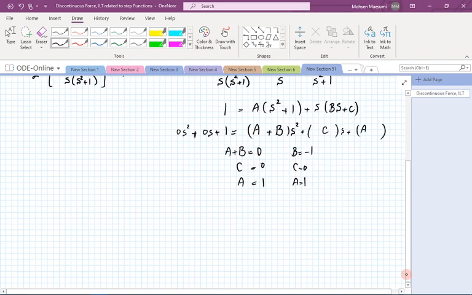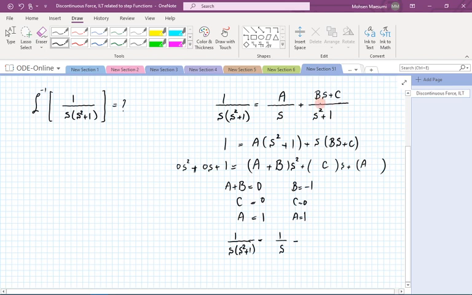So we got the following, that 1 over s times s squared plus 1 breaks up to a over s, that was 1 over s, plus b is minus bs, it was bs, so it becomes minus s over s squared plus 1.